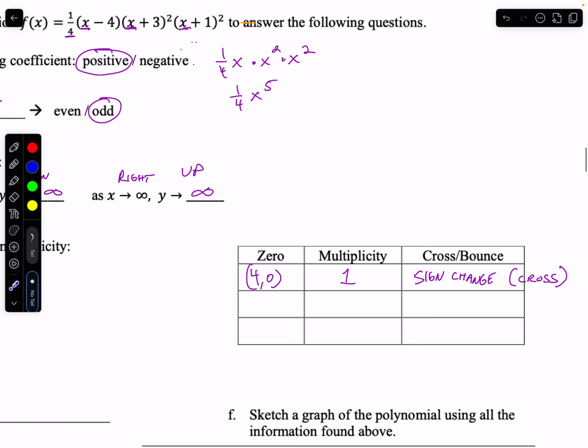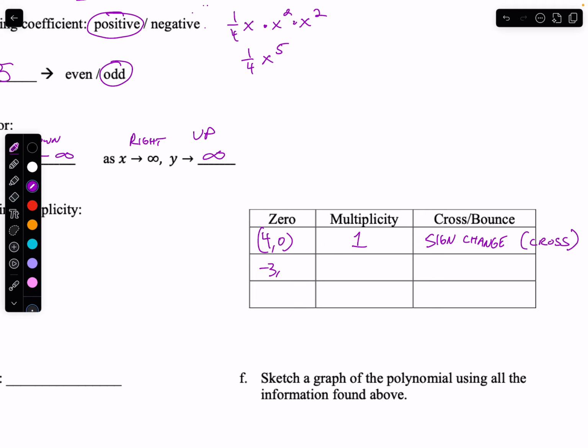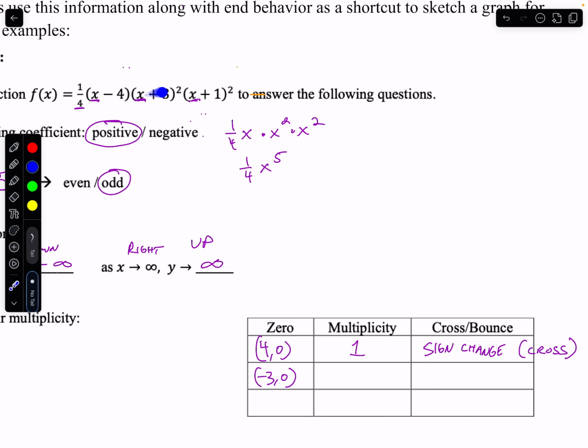The next 0 is whatever x makes this next factor 0, which is -3. So then we have the x-intercept -3, 0. And that has a multiplicity. This guy, it's repeated how many times? Well, because it's squared, technically I could write this thing like this: x plus 3 times x plus 3. That's what squared means. So its multiplicity is 2.